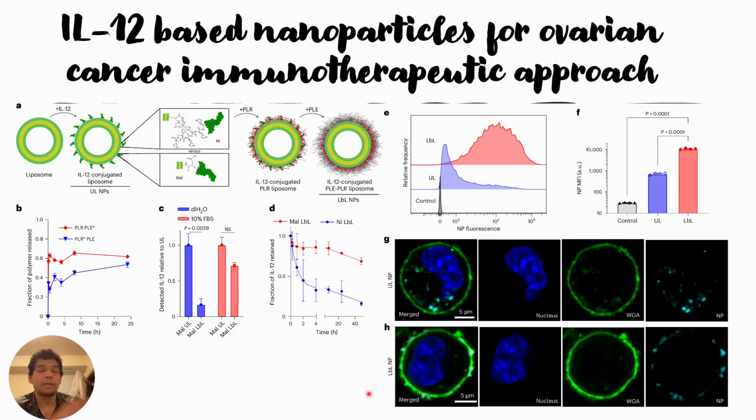In the bottom row, where they show the results for the coated nanoparticles, they see that the nanoparticles are localized to the membrane of the cells, as can be seen here. Since the nanoparticles are localized to the membranes, there are high chances that they will play a role in cancer signalings, cancer death signalings, or cancer suppression signalings.